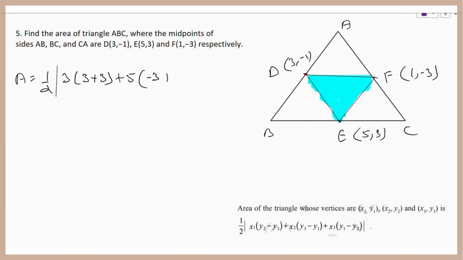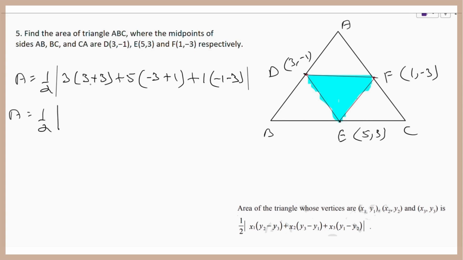So this is minus 3 minus minus 1, which is plus 1. Plus, next x3, well, x3 is 1, and then y1 minus y2. So it's minus 1 minus 3. This should be enclosed in a modulus because area is always positive.